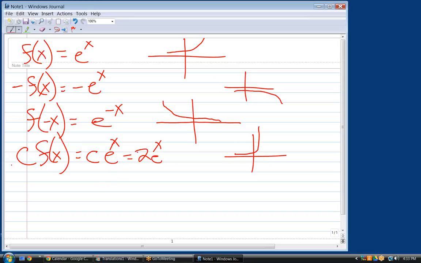Let's take the other vertical transformation that can happen: f of x plus c. When I say c, I mean some number, a constant. What would this look like with this function? e to the x plus c. An example of that might be e to the x plus 1. What is this?